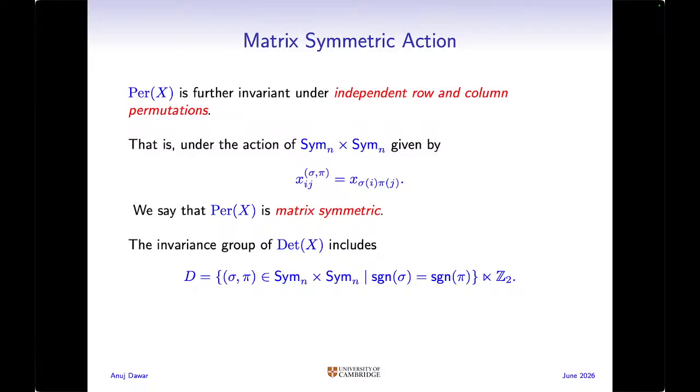And I'll take the semi-direct product with Z2, that's for the transpose, because you can transpose the matrix, and that also doesn't change the determinant. Okay? So that's the permutation symmetry group of the determinant. In particular, it contains within it this subgroup Alt n times Alt n. So the direct product of the alternating group on n elements with itself. So in other words, I can apply any even permutation to the rows and any even permutation to the columns. That doesn't change the determinant of the matrix. Okay.